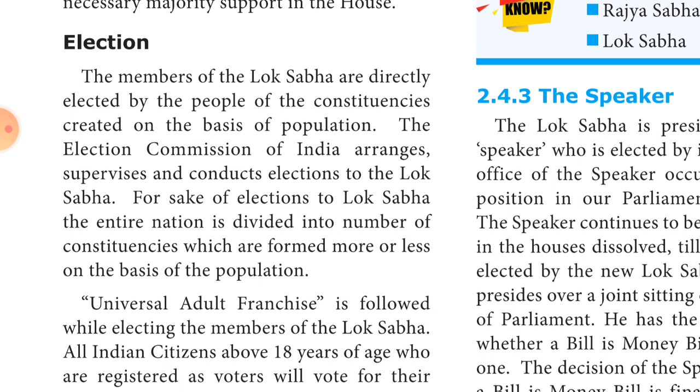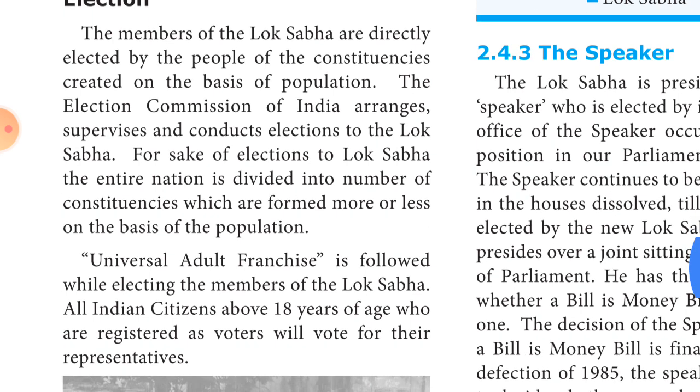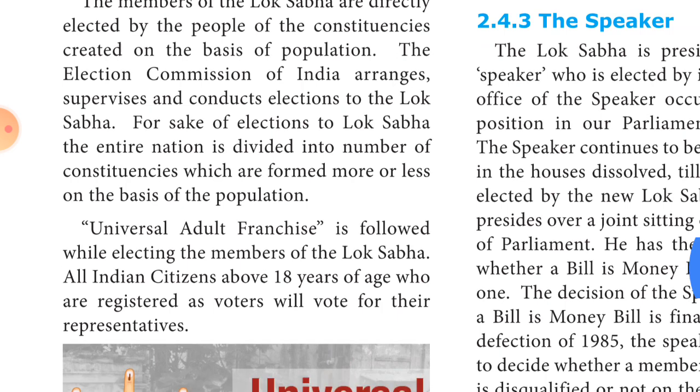How are the Lok Sabha members elected? By universal adult franchise. That means if you are an Indian citizen and have completed 18 years, you have the right to vote, you can select your representatives. In this way only the Lok Sabha members are elected.